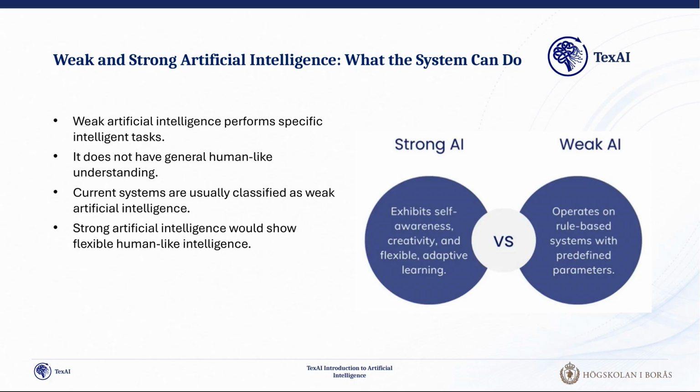Strong artificial intelligence, in contrast, would involve flexible human-like intelligence. Such a system would be able to understand, learn, reason, and act across many different situations. This remains an ambition rather than a current reality.